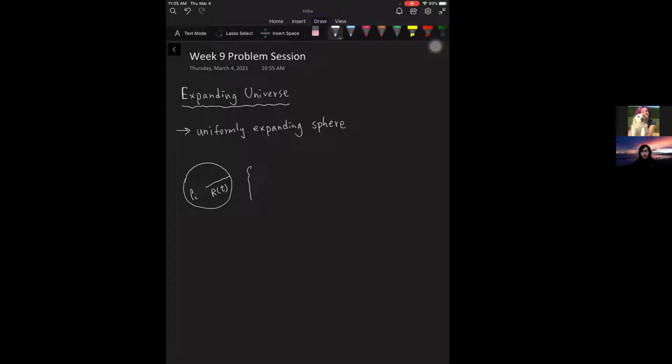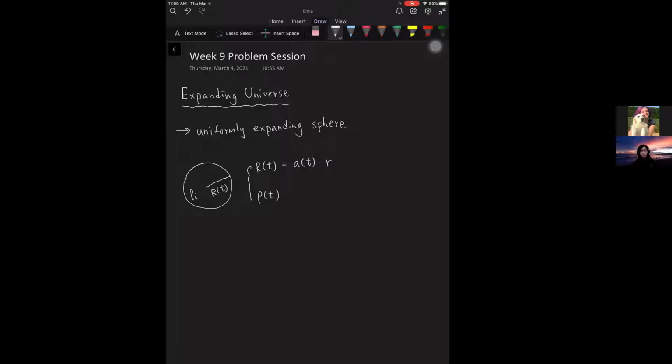As I said, the radius would grow larger and larger, so we can write R of t equals some scale factor, a of t, times the small r. The little r is the initial radius, which is very small, and a of t is the factor that it grows with time. The density also varies with time, right?